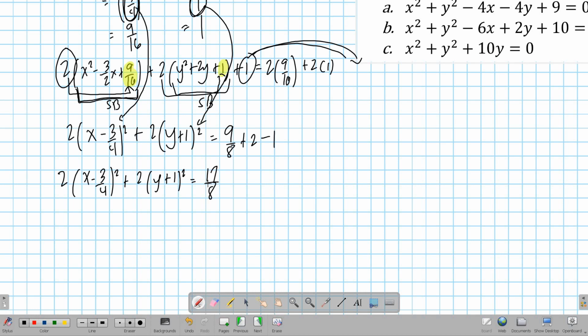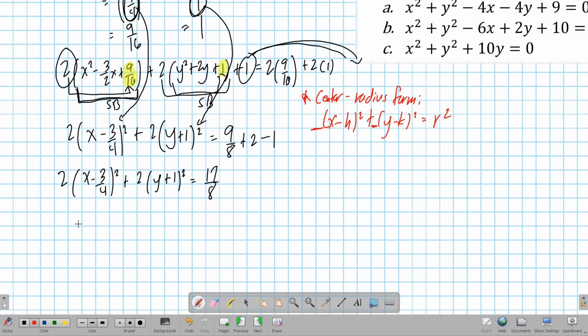Ayan. Now, ulitin natin. Ang center radius form, ang itsura ng center radius form ay x minus h squared plus y minus k squared equals r squared. Walang coefficient dito.